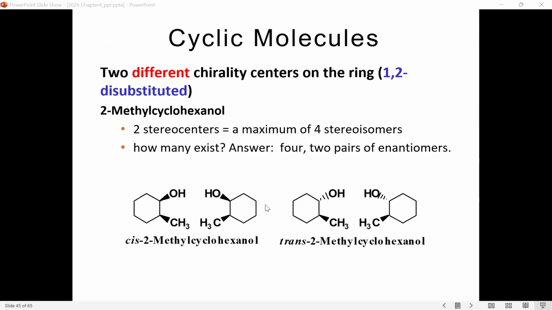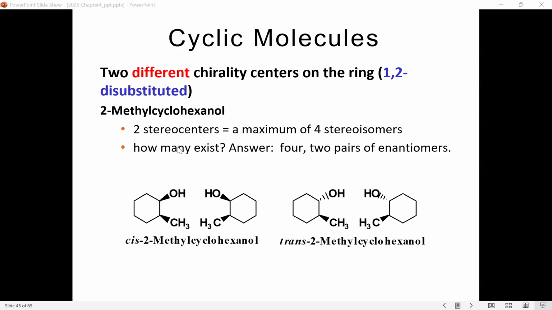All right, okay. So now we move to cyclic molecules. For the cyclic molecule case, we start from a disubstituted cyclic structure with two different chiral centers, which means two different substituent groups. The example here is 2-methylcyclohexanol. And this comes from the previous lecture material.